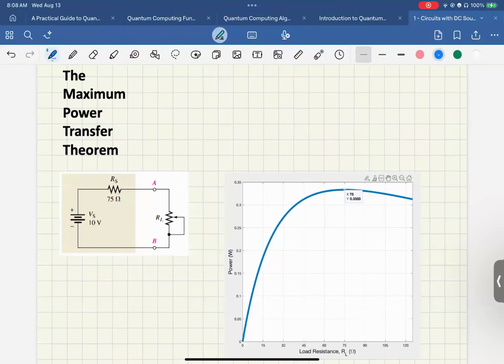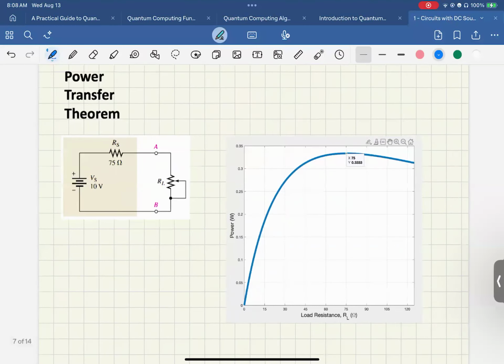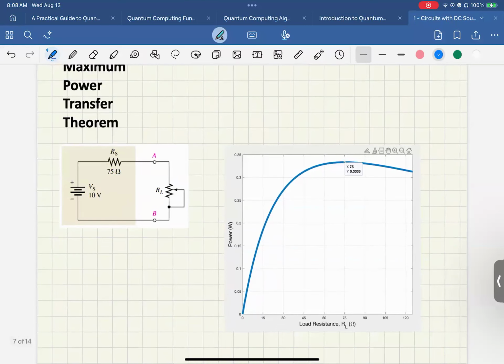And to figure out kung ano yung maximum power na pwedeng i-transfer, you use the maximum power transfer theorem.